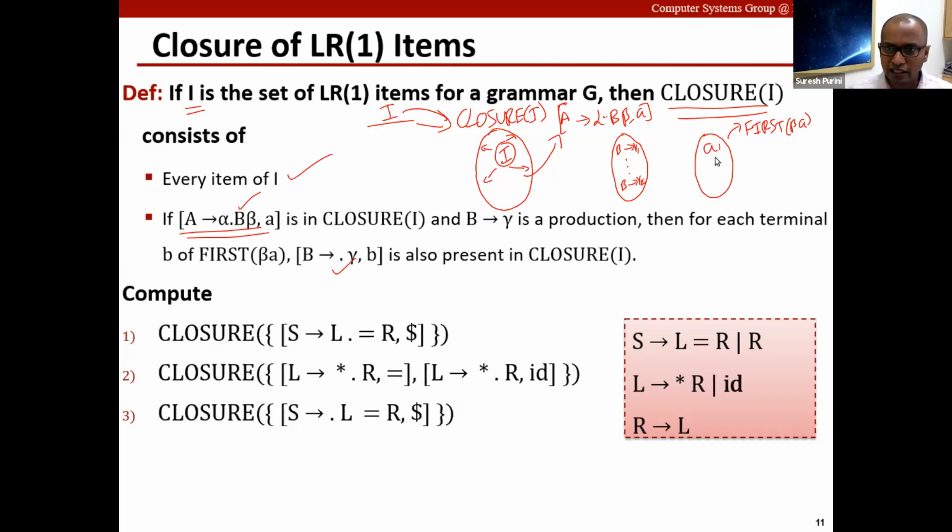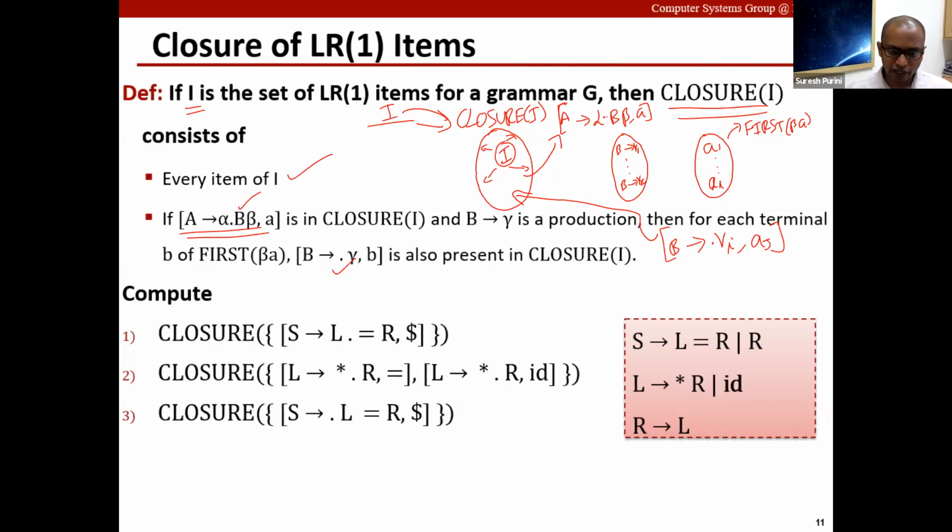Let's say there are L such symbols, a1 to aL. We pick a substitution rule here and we pick a terminal symbol here, like for example B goes to dot gamma I, aJ, and this we include in the closure of I. There are lots of symbols, but we will try to understand how this closure works through an example.